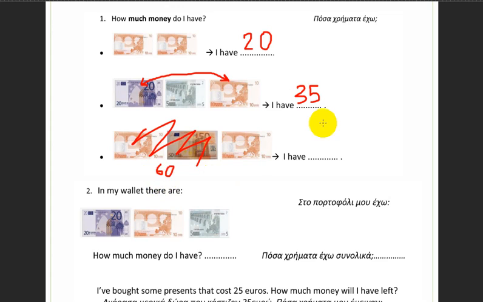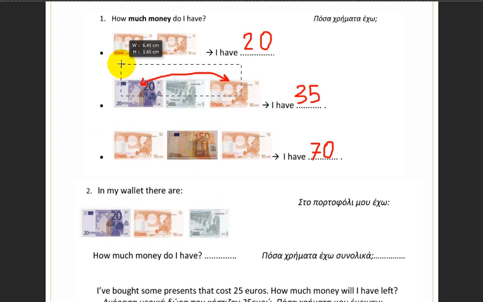Okay, well, 6 and 1 makes 7, so 60 and 10 makes 70. And that's all the notes that I have. Okay, let's erase this. And let's erase this as well. And let's move on.